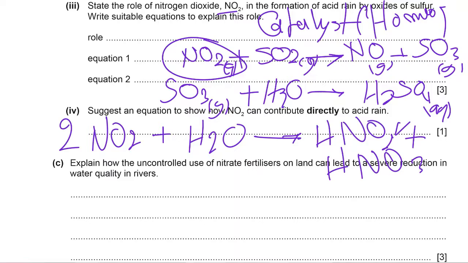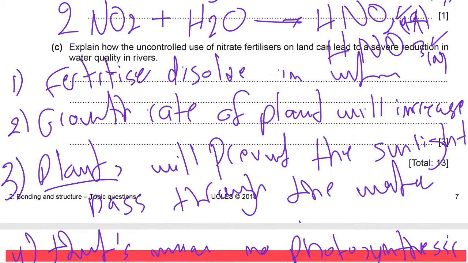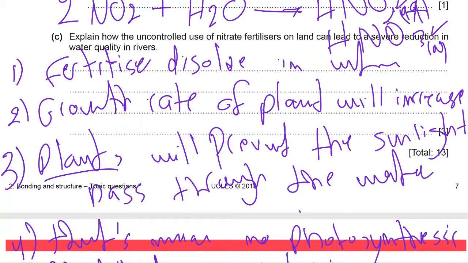Now, explain how the uncontrolled use of nitrate fertilizers on land can lead to a severe reduction in water quality in rivers. Summarize these steps for this question. So in the first step, you need to say the fertilizer dissolves in water.